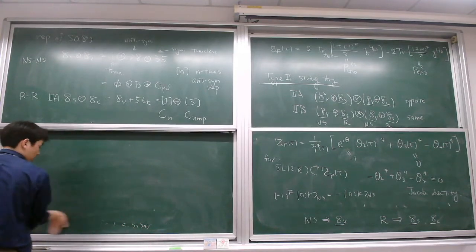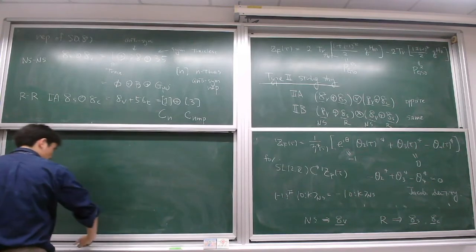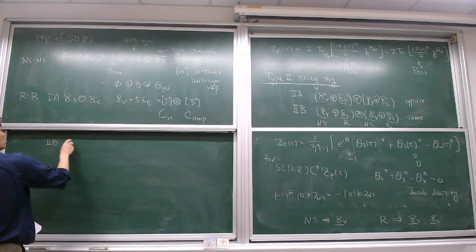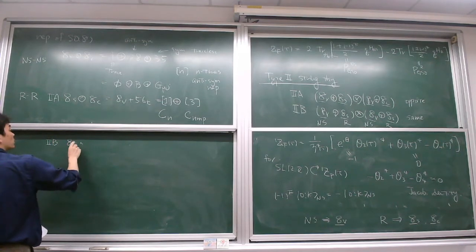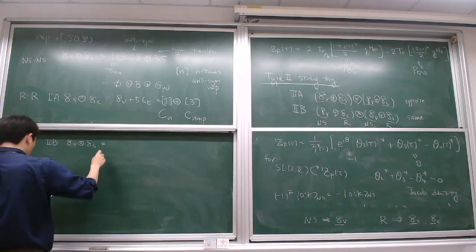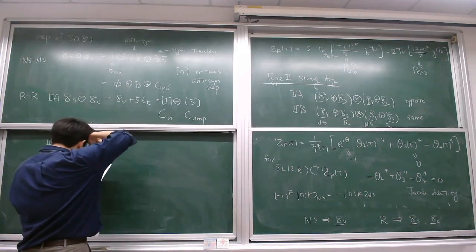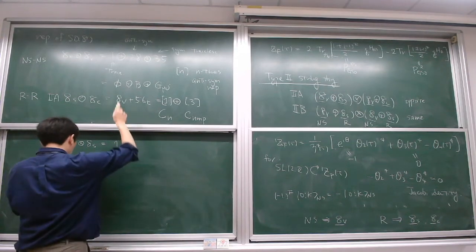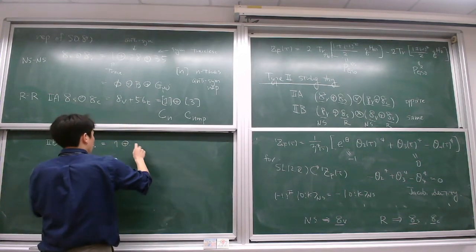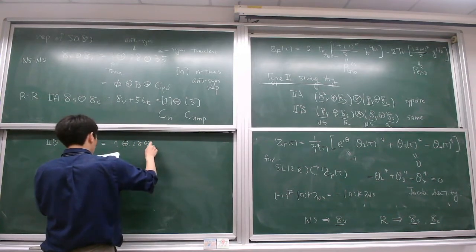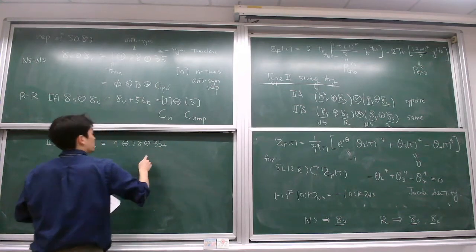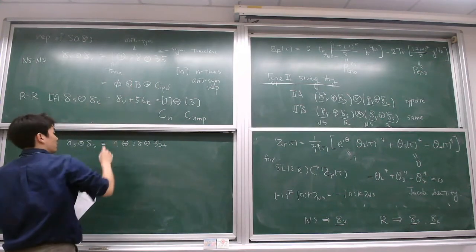on the other hand, for type B, you have the same chirality, 8S cross 8S, which is the 1 plus, very similar to upstairs, 28, but it's a different content. 35 plus, and this 35 is not the same as that one.